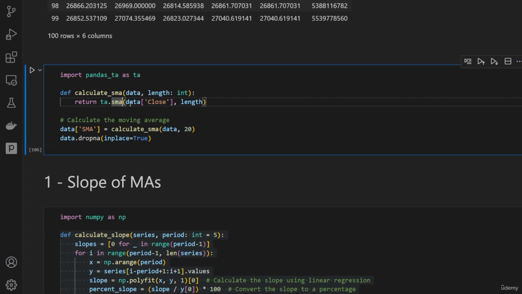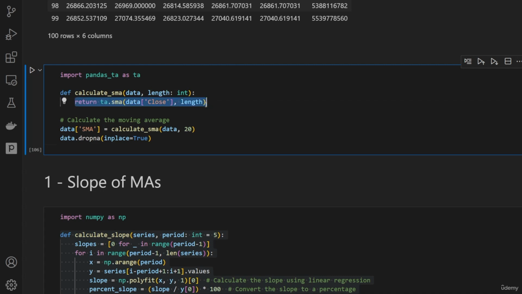We're going to call it and provide the data frame closing price series, or the column, and then the length. If you want to compute a simple moving average of length 14, 20, or 100, for example, this is where it's going to be passed. So we're just going to pass the length parameter from here to the function of the technical analysis package. And that's what we're going to return.